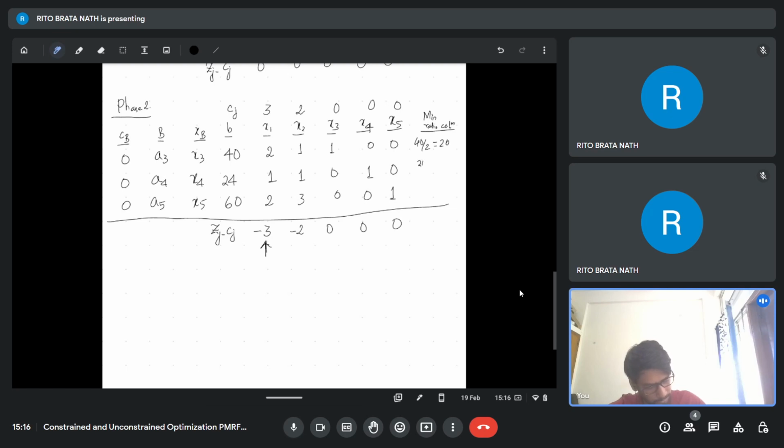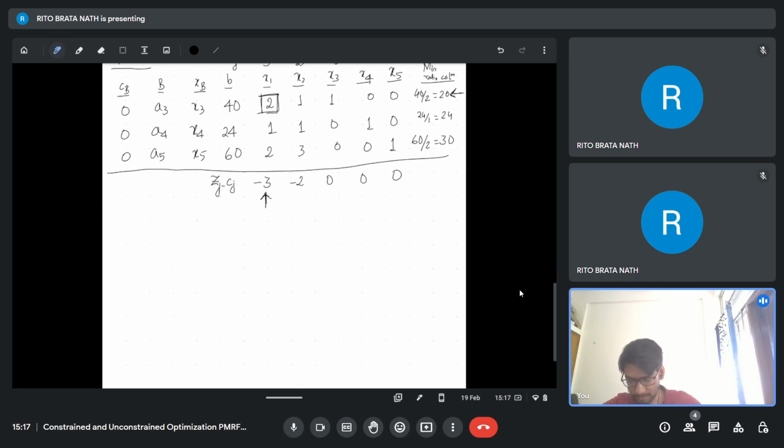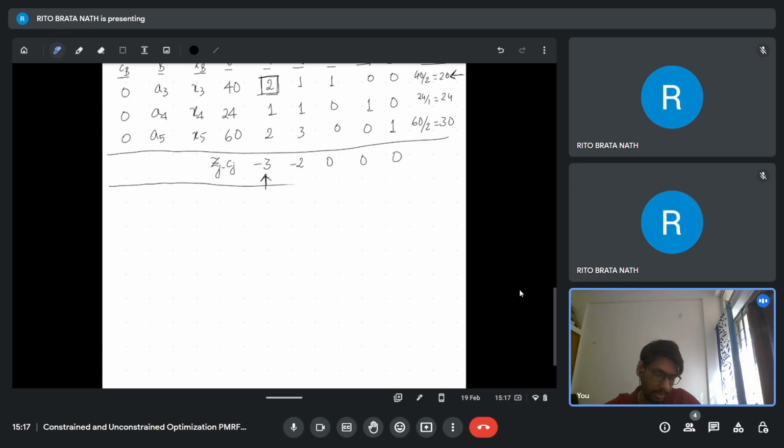This is 24 by 1, 24. This is 60 by 2, so that's 30. So this will be your leaving variable, right? And this will be the pivot. So you have to make it 1 and the others 0. So let's do this once more, and let's do it this way. I won't write down the entire thing again.